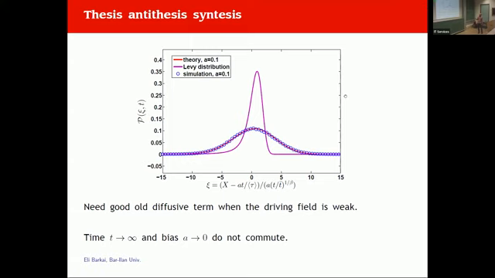This is the very long time limit where you will converge eventually to this non-symmetrical state. But for finite times and very weak fields, you get simply a Gaussian. Usually in our discussions, we throw the Gaussian away to the rubbish, but it's not true because it depends on how strong your bias is. That's the main point here.